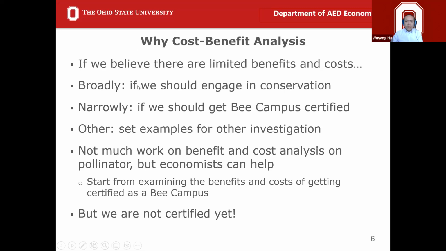So broadly defined, we are going to discuss whether we should engage in conservation in general, but more specifically the Bee Campus program. Can OSU or any campus engage in a bee campus effort and contribute their part to conservation, specifically in our case study here about bee conservation?